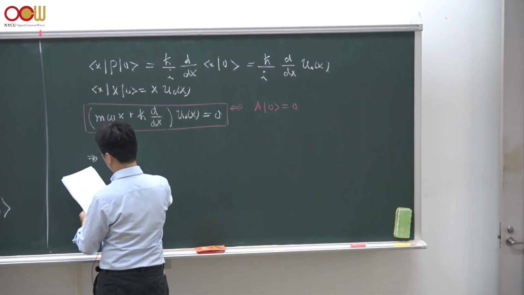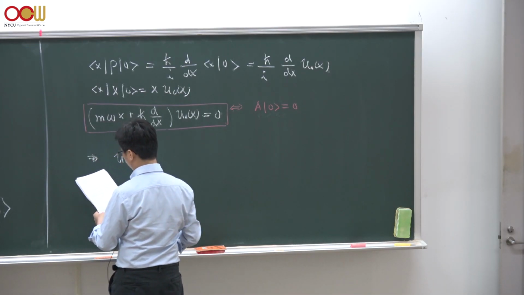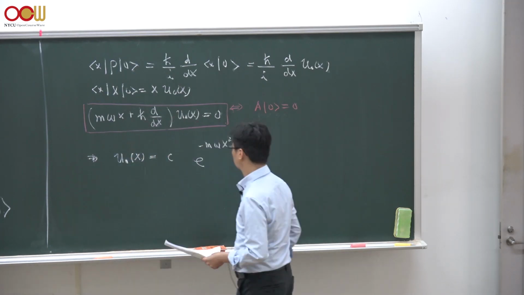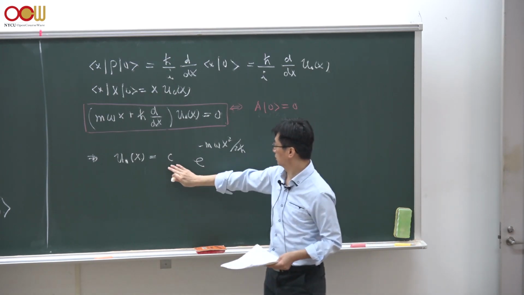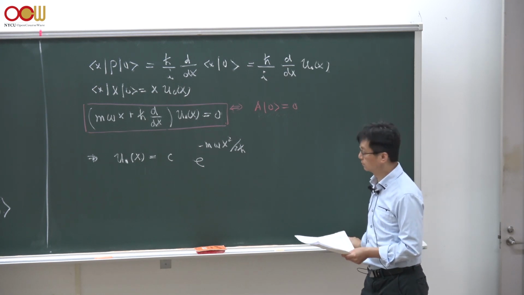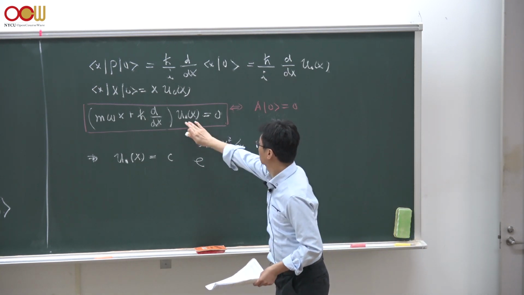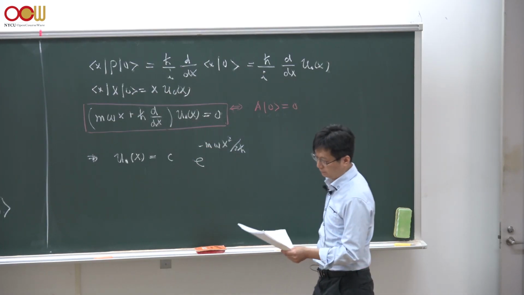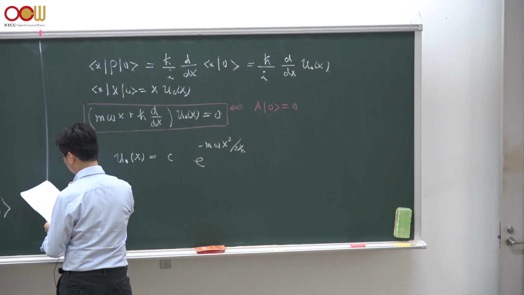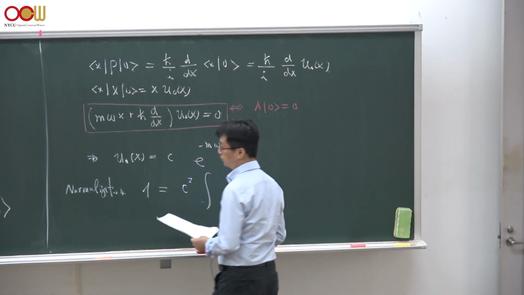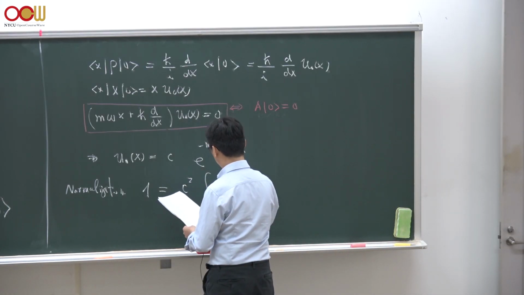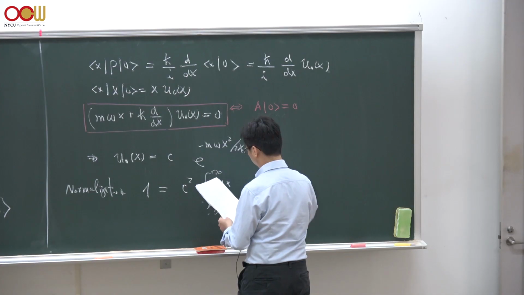So you can actually go to your textbook on this differential equation, and you get the solution. Okay, C is the constant which can be obtained by the normalization condition. You plug the solution back into the differential equation, and it is satisfied. And so we fix this normalization factor C by demanding that this wave function squared should be normalized once we integrate over the entire space.